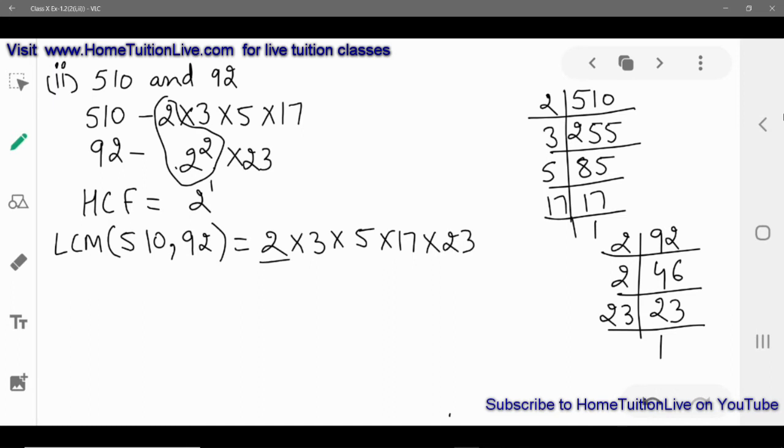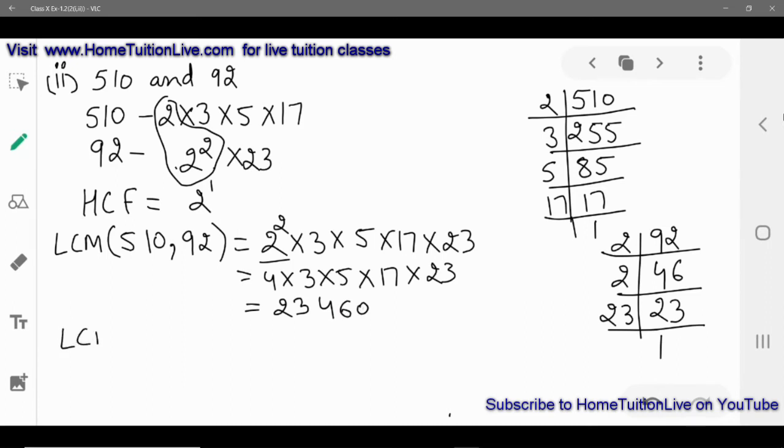Now 2 is in both numbers' factors, so the highest power is 2, so we will write it here as this, and now multiply 4, 3, 5, 17 multiply 23, and our number is 23460. Now we will verify.